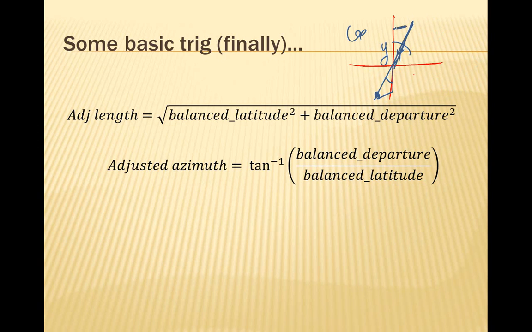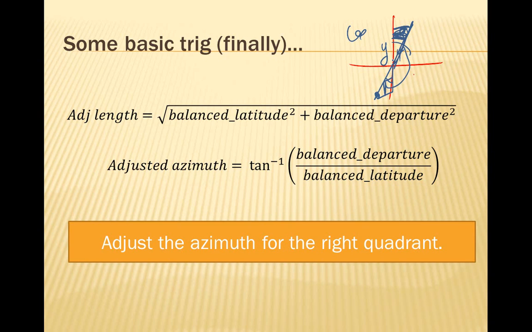So to a tangent function, that would give me the same thing as this. So it's automatically going to give me this angle here, and I'm going to have to adjust it over here to get that angle. That is something we have to keep in mind. So we need to make sure to adjust the azimuth so that we're actually in the right quadrant, and we'll take a look at that in a sec.